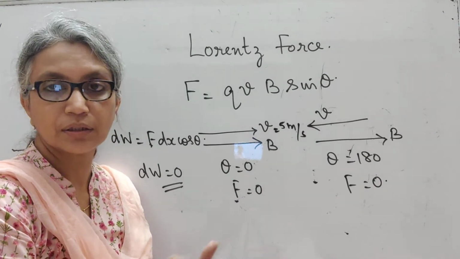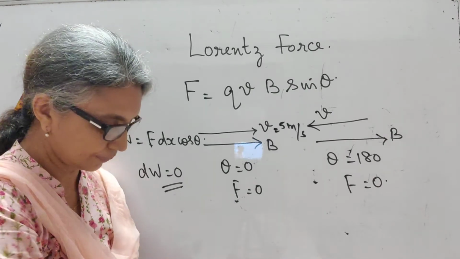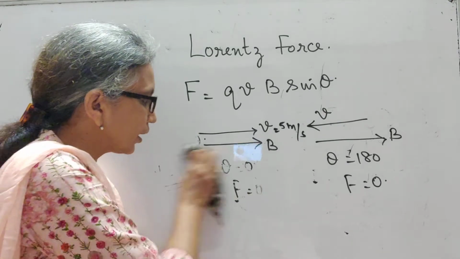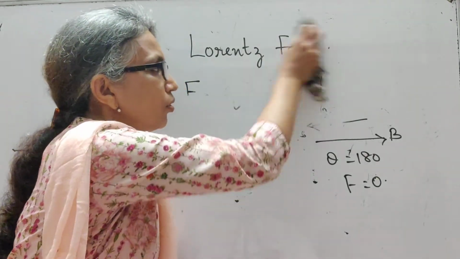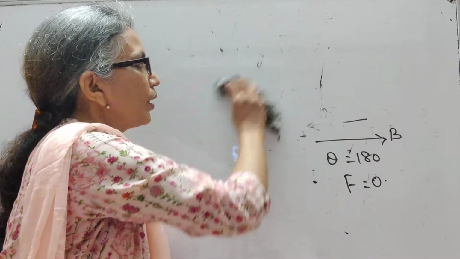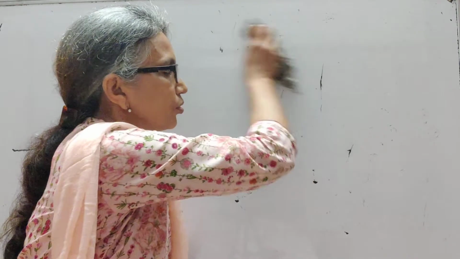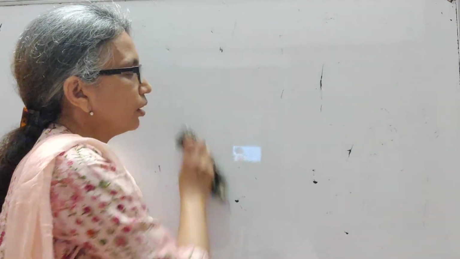The particle will behave as if the magnetic field does not exist at all, no deflection produced. Okay. So after that, we are now considering a second case. So we discussed the case where theta could be 0 or theta could be 180. Now in the third case, we are going to see what will happen if theta is 90. Okay.